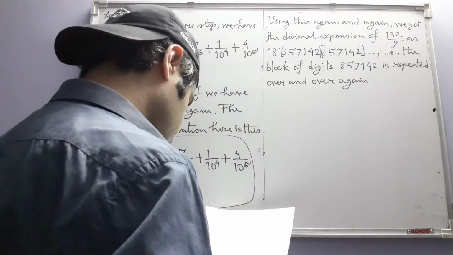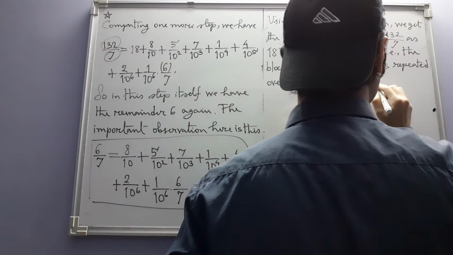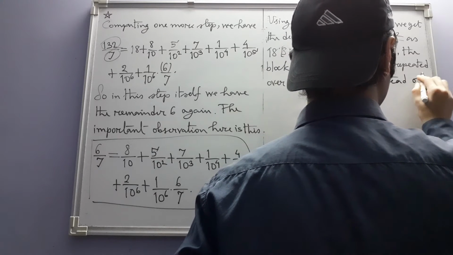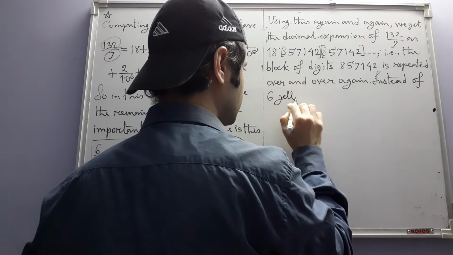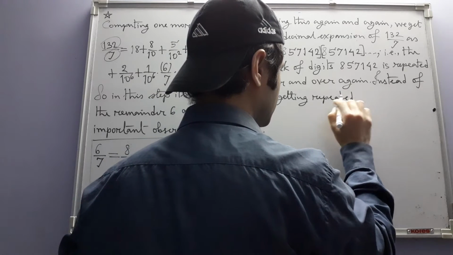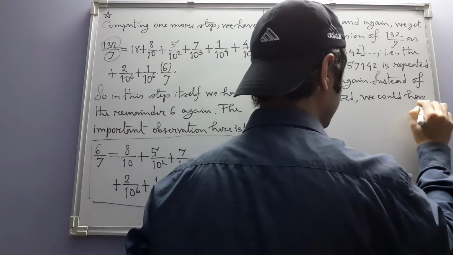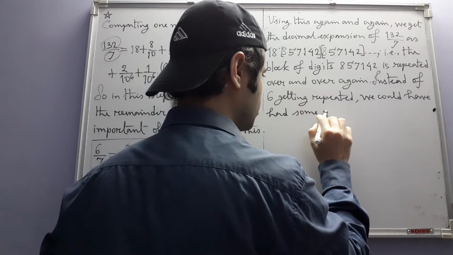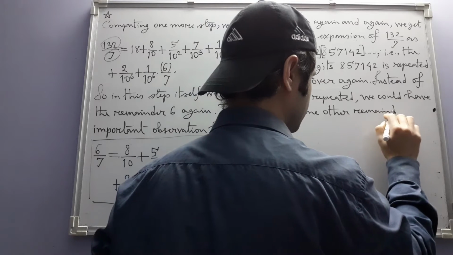So here I have written, instead of six getting repeated, we could have had some other remainder repeated.